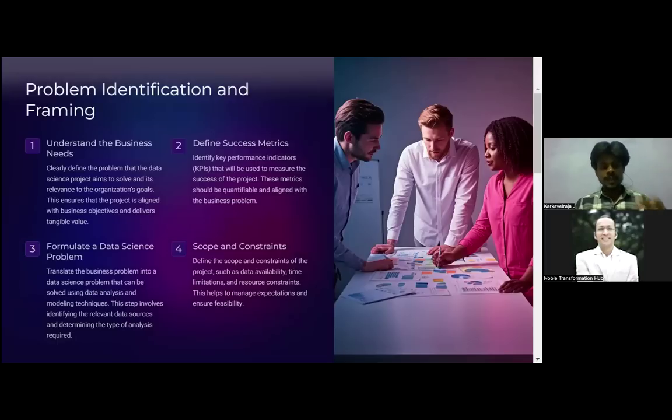Then we have scope and constraints. This is a major thing, guys. Considering this heart disease prediction, the scope is to find whether the patient has heart disease or not. What are the constraints we have? We need to tell the client what difficulties we will be facing, and also what rules we need to define.